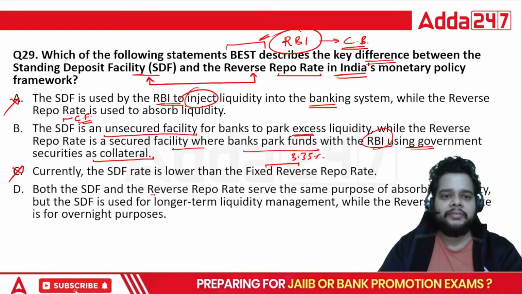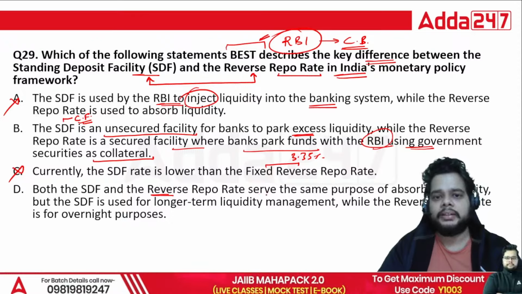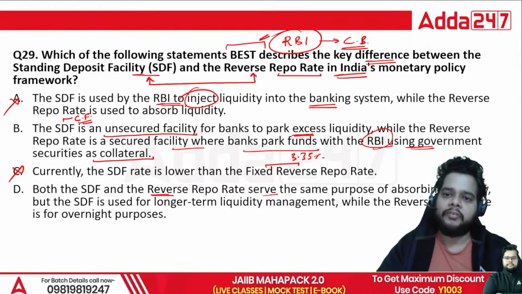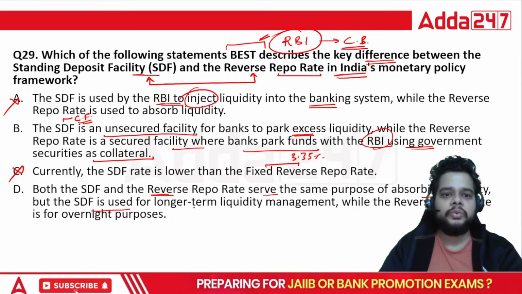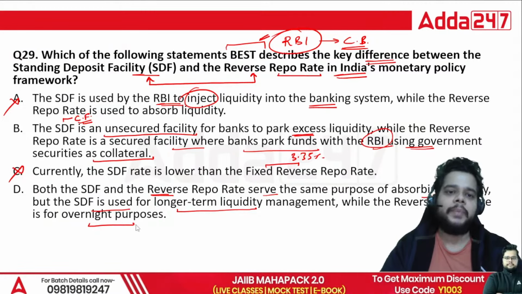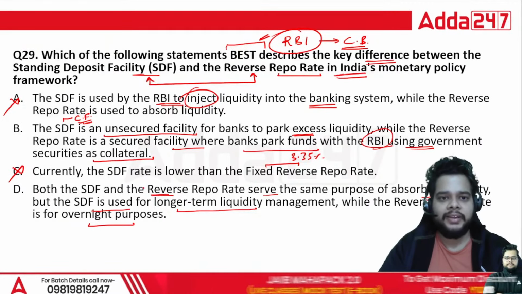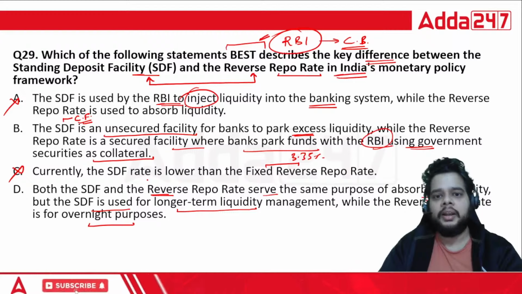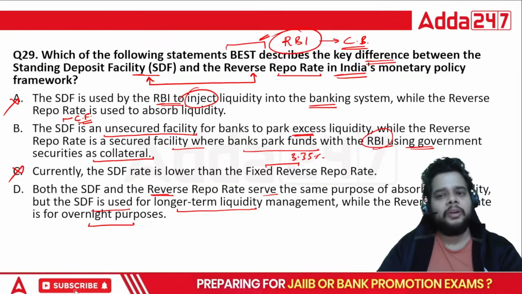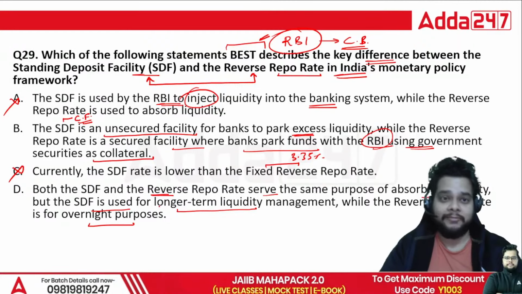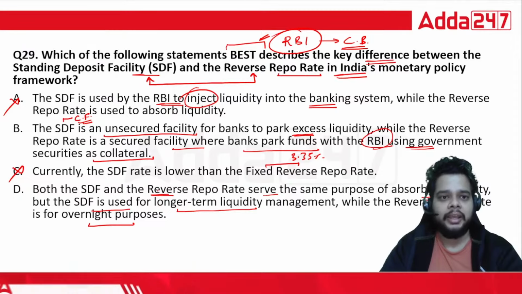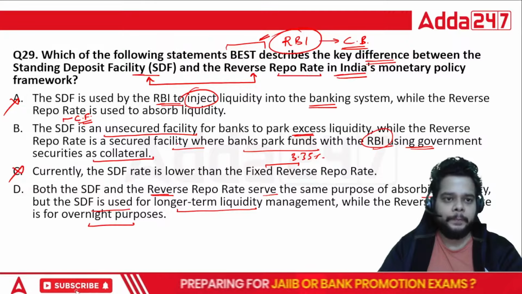Both the SDF and the reverse repo rate serve the same purpose of absorbing liquidity. That is correct. SDF is used for longer term liquidity management, reverse repo for overnight purposes? SDF is for longer term liquidity management, but what about reverse repo? Whether it is for overnight purposes, we have MSF for that, the marginal standing facility. So what will be the right answer here?